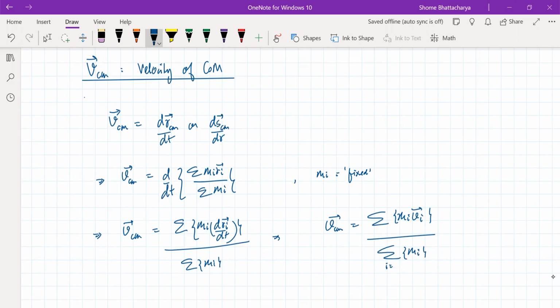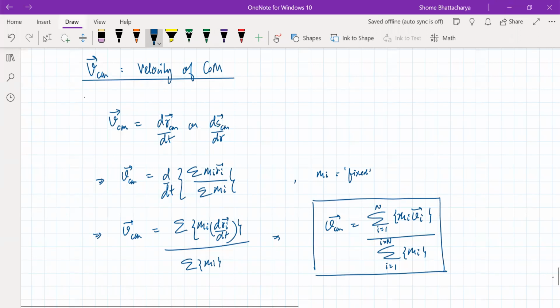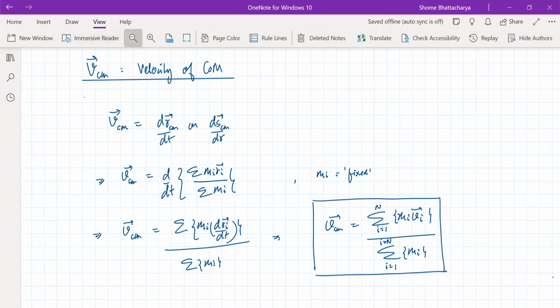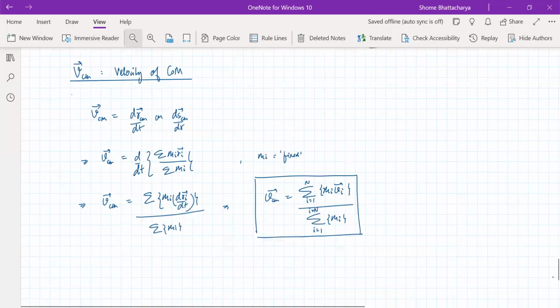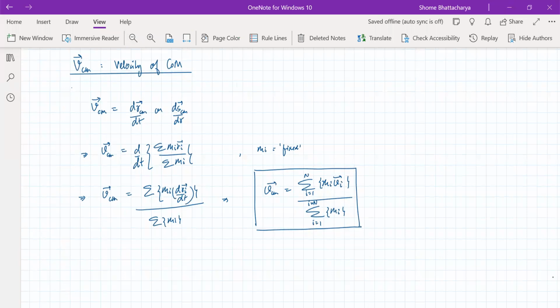It's only logical that it follows the same type of definition, that it is a weighted mean. Once again, it is possible that individual parts are moving, but the center of mass is stationary, because the vector sum of m into v is 0. That's always possible.